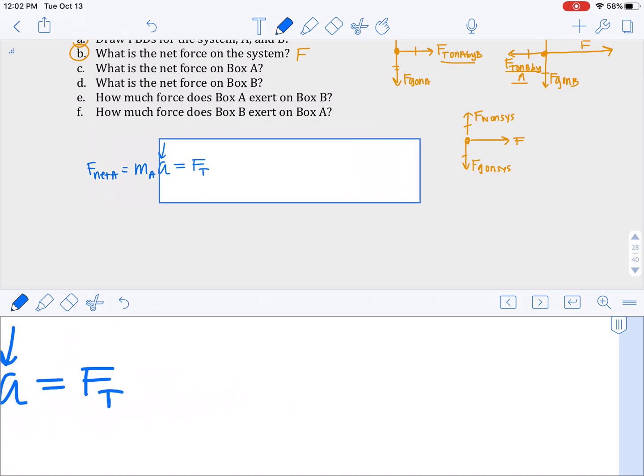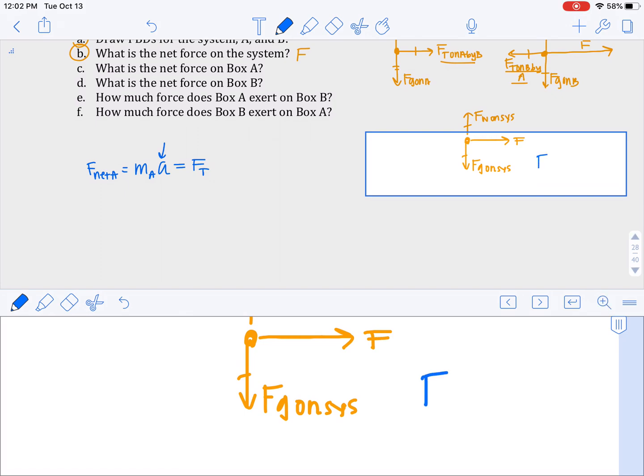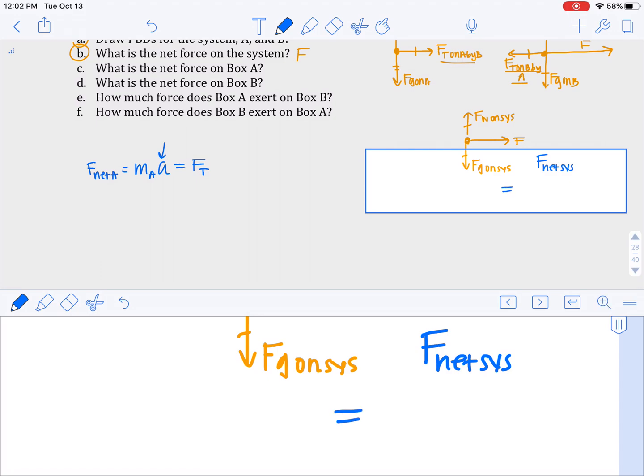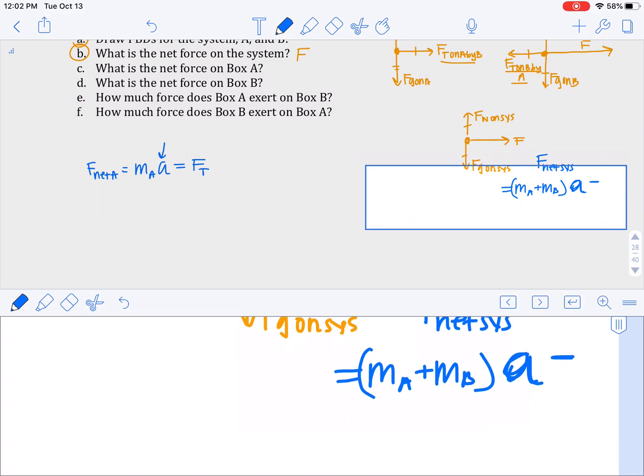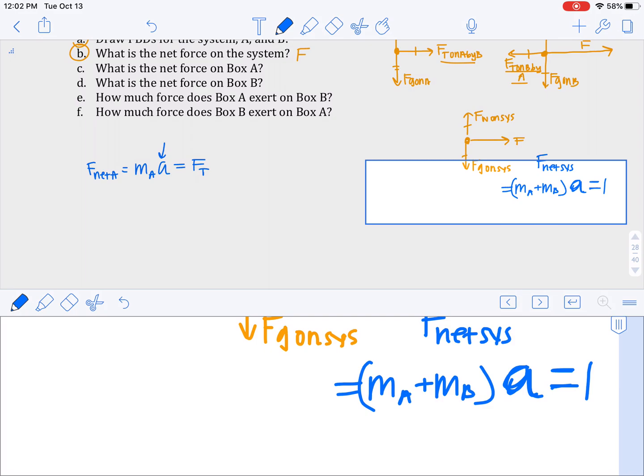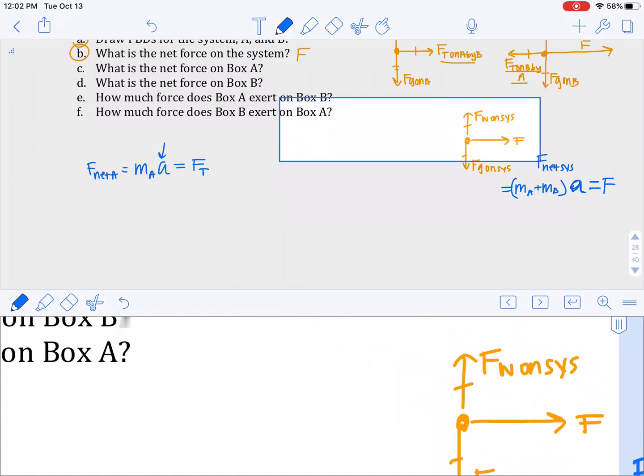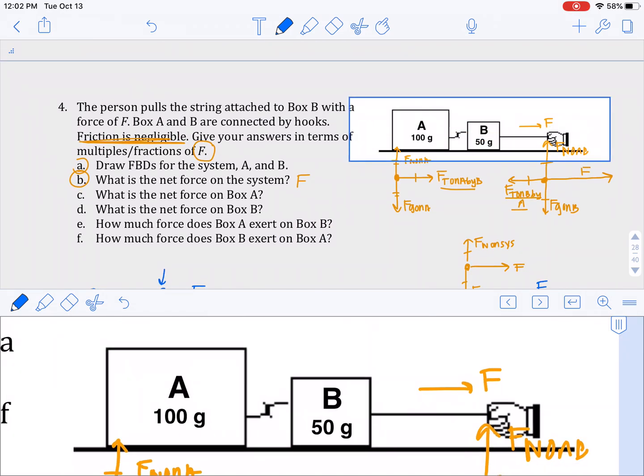Yes, I can use my system. So I'm going to use my two masses, the system mass, times the acceleration, which will give me F. So mass A and mass B, I need to make sure I convert these to kilograms.